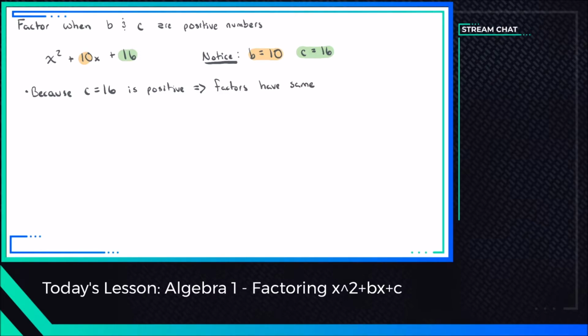So they'll either both be positive or both be negative. And because b is equal to 10, which is also positive, p plus q has to equal a positive number.